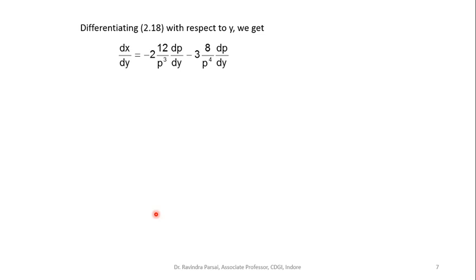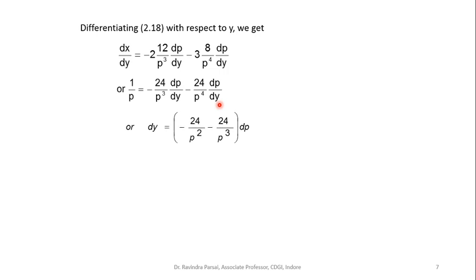On differentiating with respect to y, the left side gives dx/dy, while the right side gives minus 2 into 12/p^3 dp/dy minus 3 into 8/p^4 dp/dy. Because dy/dx equals p, the left side value is 1/p. So 1/p equals minus 24/p^3 dp/dy minus 24/p^4 dp/dy.